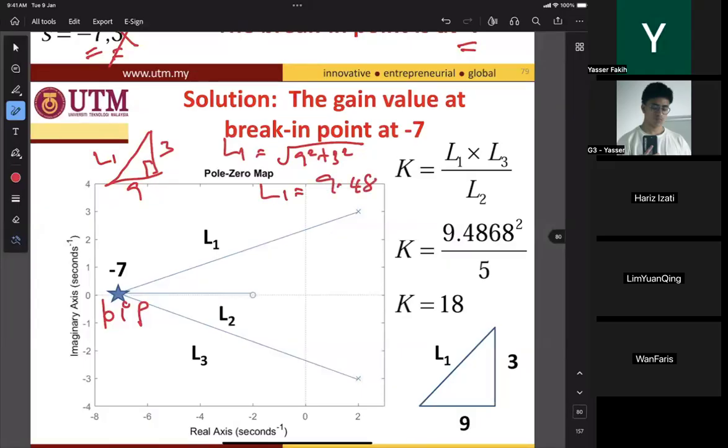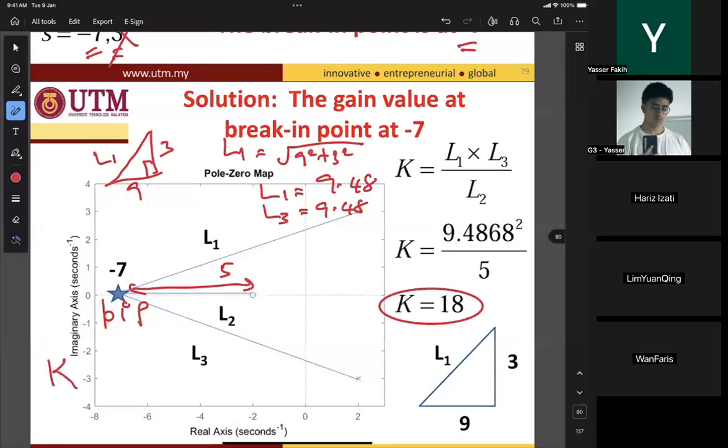Same for L3, 9.48, while L2 is 7 minus 2, which is 5. Using this formula for length, K is equal to 18.